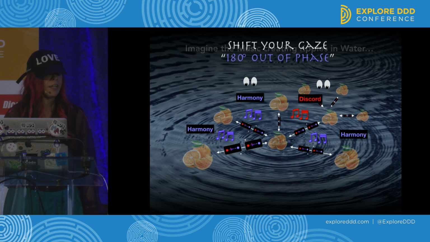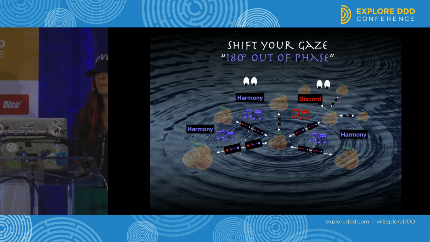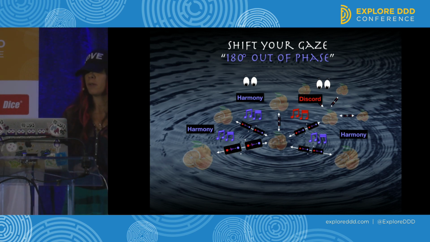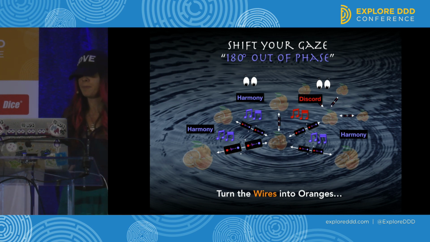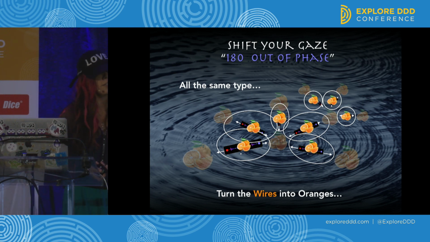Now shift your gaze 180 degrees out of phase, so you don't really see the oranges anymore. You're just looking at the wires, looking at the music generated from all the different wires, and then turn the wires into oranges. Okay, so we're going to orangify all the wires that are actually the same type.